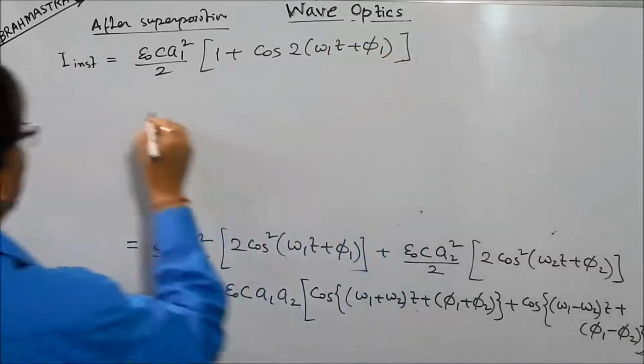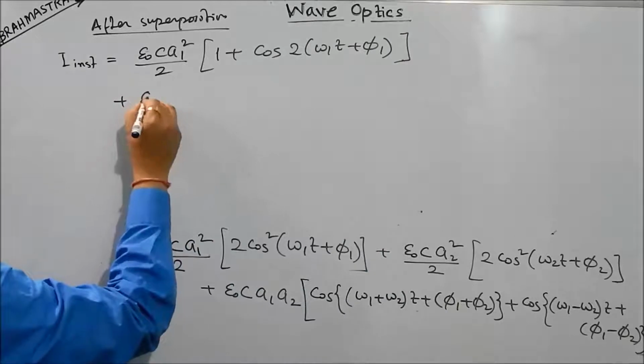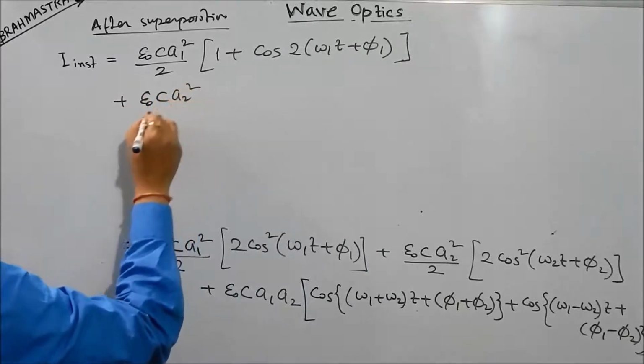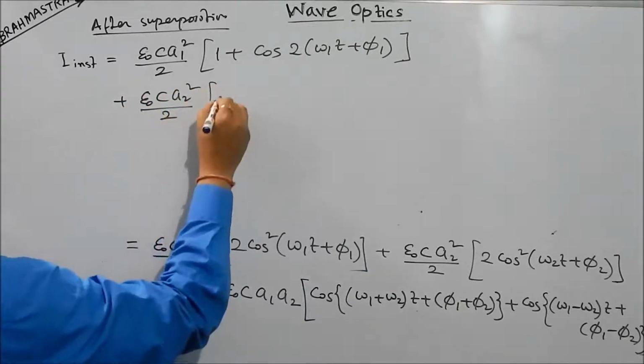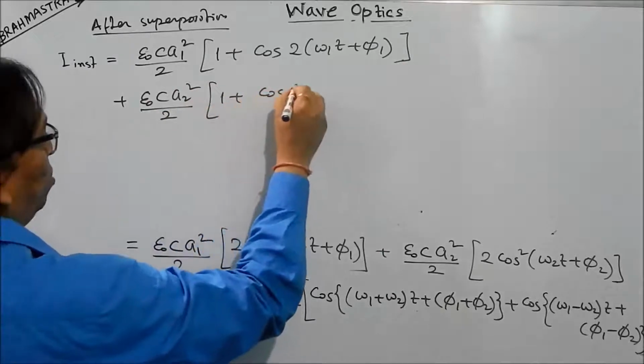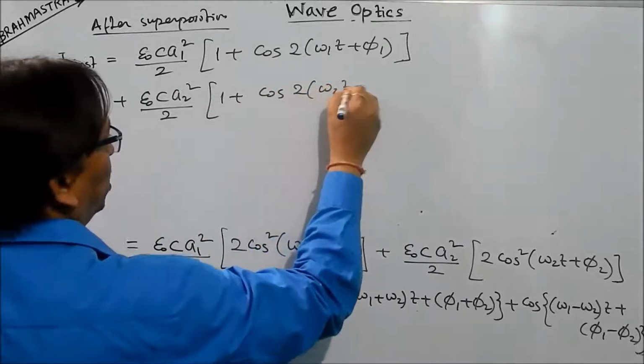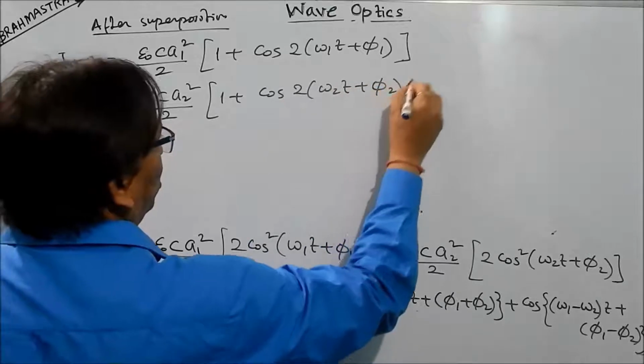The second component is epsilon naught C A2 square by 2 times (1 plus cos 2 (omega 2 t plus phi 2)).